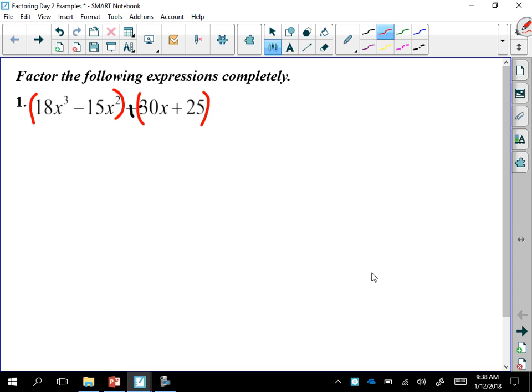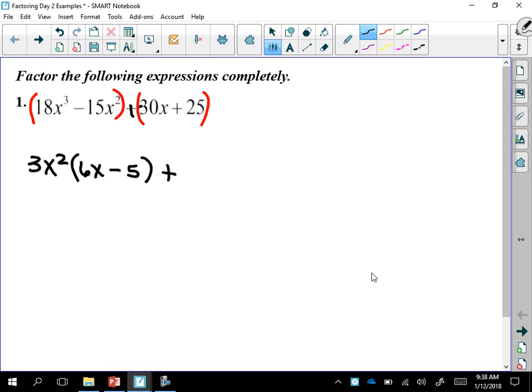So what would be a common factor to the first 2 terms? 3x squared. And then after I take that 3x squared out, what's left? 6x minus 5.